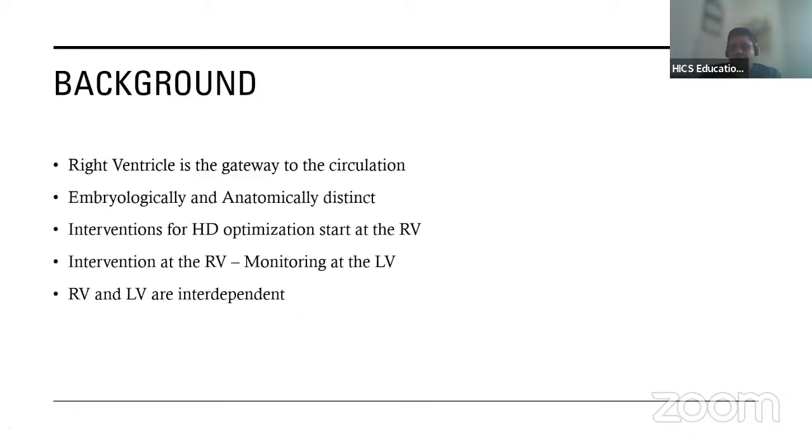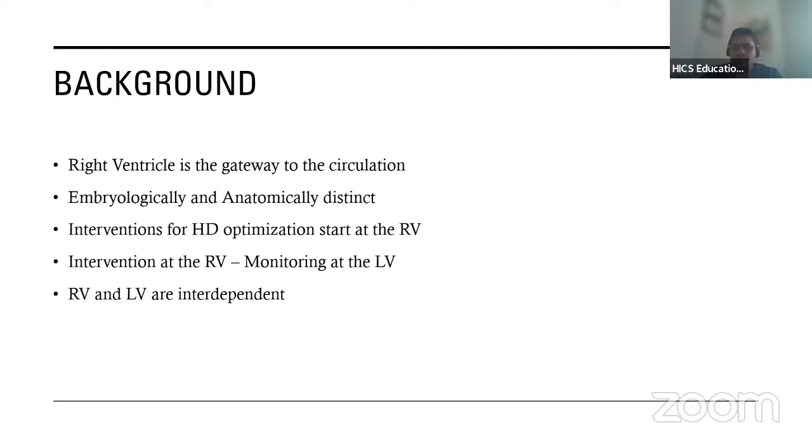The reason why I'm saying this is the right ventricle is the gateway to the circulation. If you look at how hemodynamics are managed or assessed, you try to give fluid to the patient, which is loading the right side of the heart.